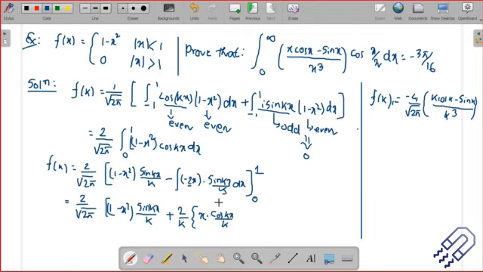Then we are integrating the part. Integrating sine gives a minus one, so it will be a minus. When you integrate the part, the second part is minus, and when you integrate sine, you will get plus. Minus plus.